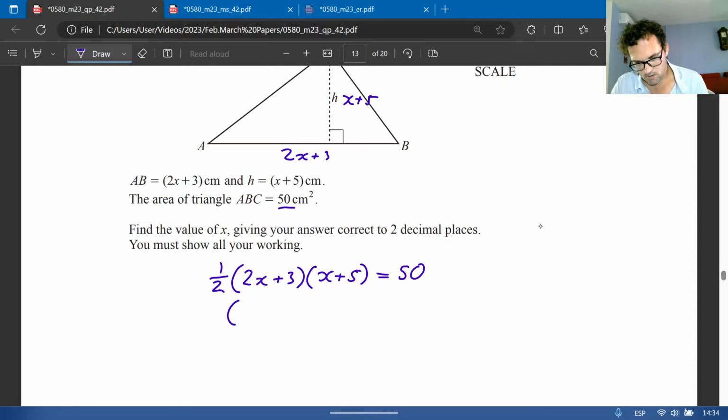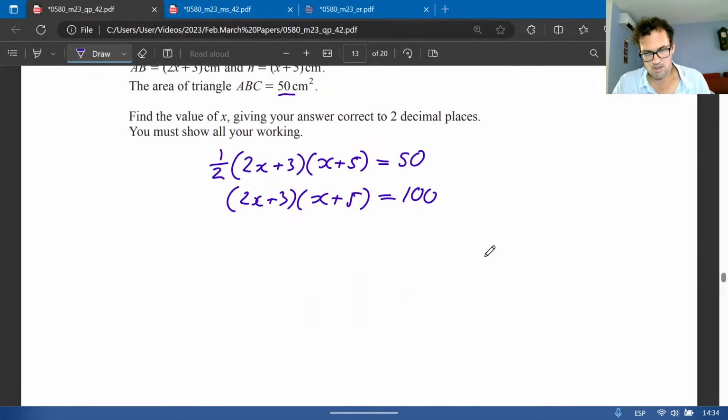So it will look like this: 2x plus 3, x plus 5, multiplied by 2, gives us 100. Makes sense? So we avoid fractions. You can do it with the fractions, of course, I just think this is going to be a bit cleaner.